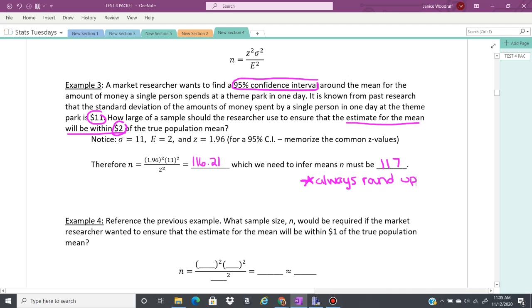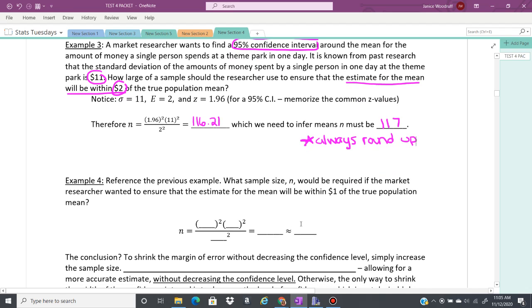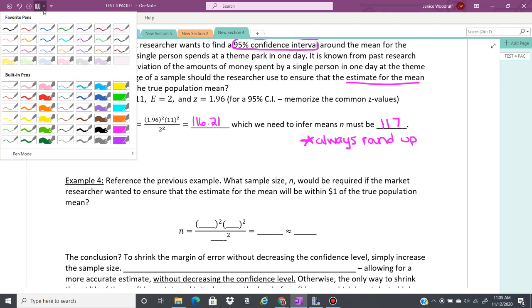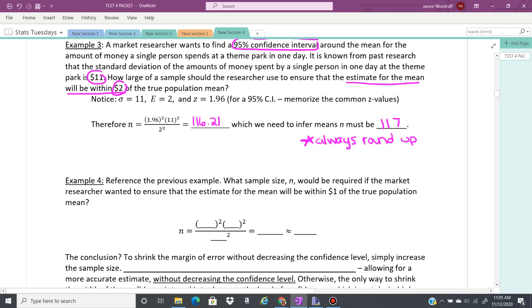All right, so for example 4, if we look at the previous example, what sample size would be required if the market researcher wanted to ensure the estimate for the mean will be within $1 of the true population mean? So your margin of error is changing from $2 to $1. Everything in the top remains the same.